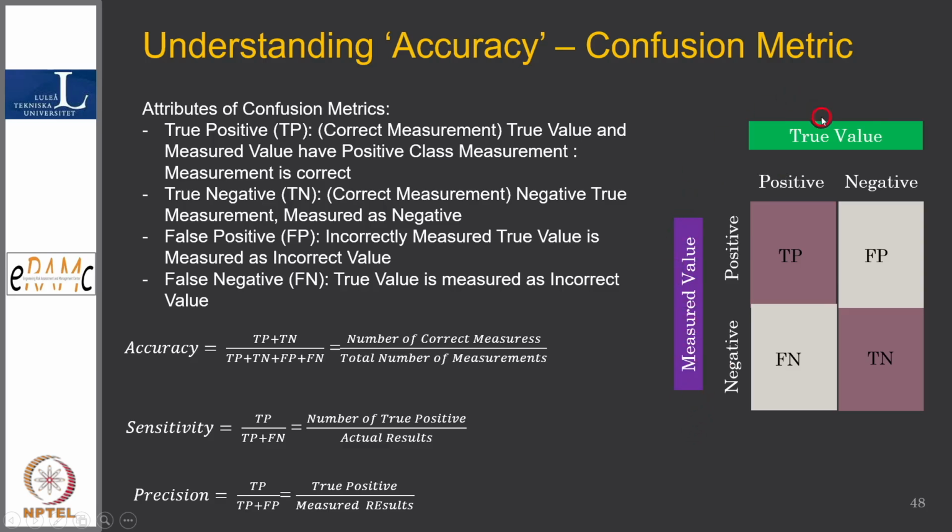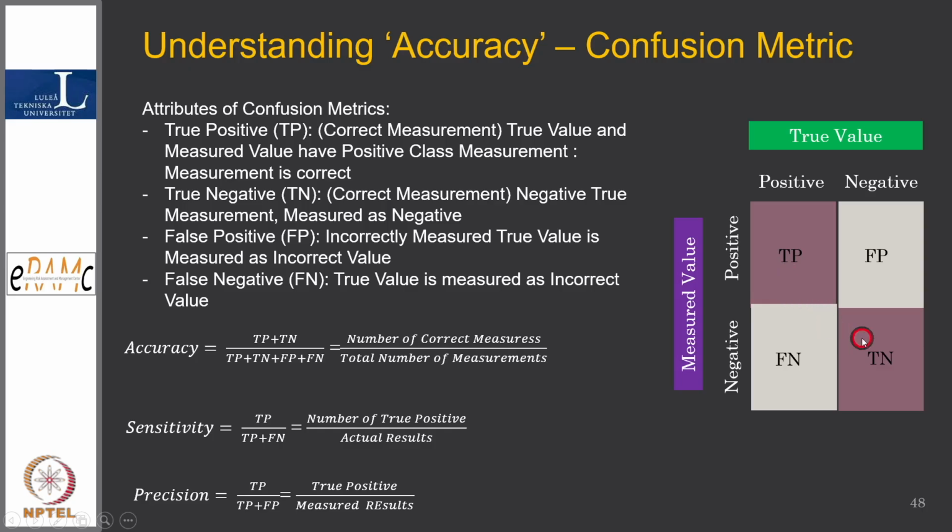So, there should be some relation between these two, close, not close, good, bad. So, we are talking about positive and negative, these 2 terms actually. So, how does the confusion matrix work? True positive. True positive means the true value and measured value are in agreement.